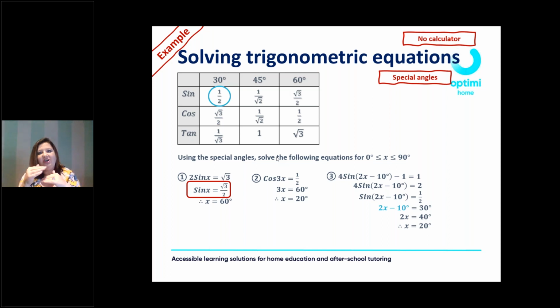So you will see later on where you had coefficients to your trigonometric expressions, where you had 4 sin something or 3 cos something, then you will divide with 3 first. But because you're working with an angle, you need to isolate your angle values first before you can actually divide that answer. So it's very important to see, is it a coefficient or is it part of the angle?